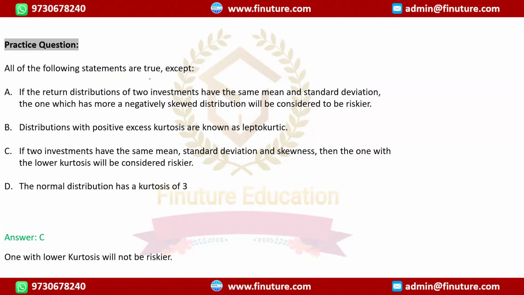All of the following statements are true, except: if the return distributions of two investments have the same mean and standard deviation, the one which has the more negatively skewed distribution is considered to be riskier.